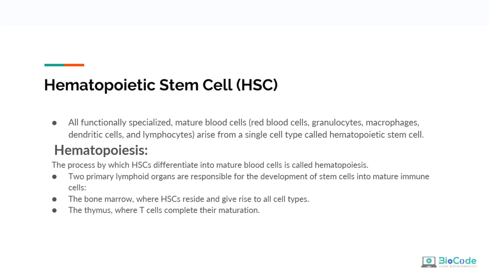So what is hematopoiesis? This is the process by which hematopoietic stem cells differentiate into mature blood cells, and just like we talked about, the two primary lymphoid organs are responsible for the development of stem cells into mature immune cells.